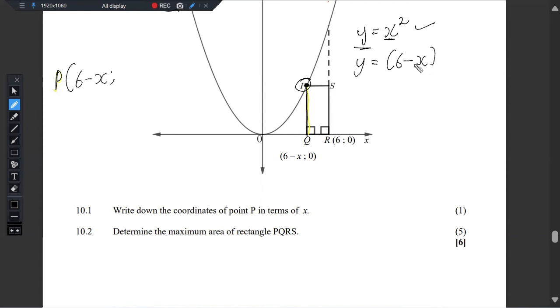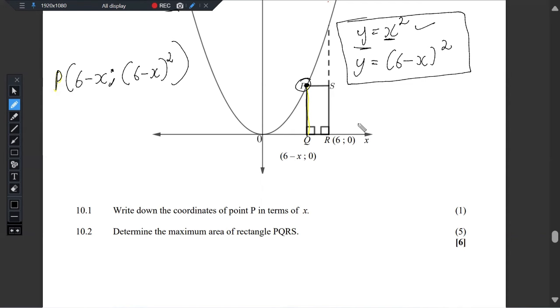Then this would be (6 minus x) squared. So my P coordinates are actually (6 minus x; (6 minus x) squared), right? This represents my x coordinate and this my y coordinate. I hope it makes sense, so it's coming from here.